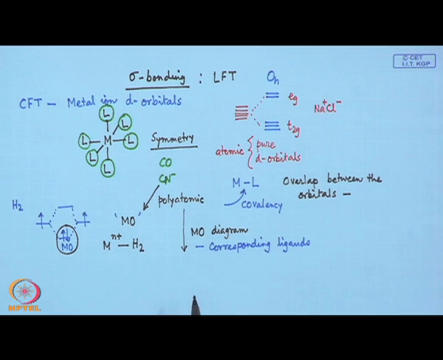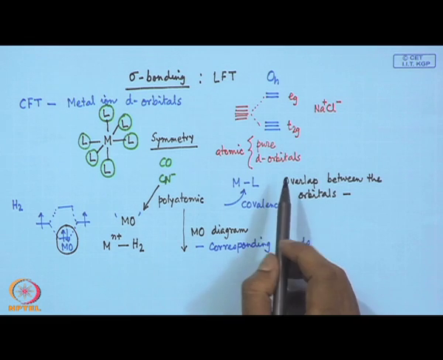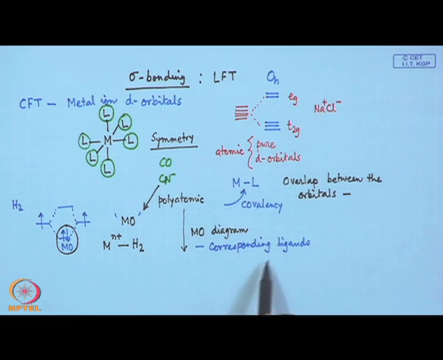First, we must have the molecular orbital diagram from the ligands, and these molecular orbitals from the ligand side can show some interaction with the corresponding molecular orbitals from the metal side.